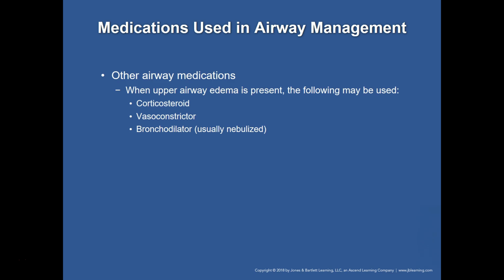The other airway medications, when upper airway edema is present, the following must be used: corticosteroids, vasoconstrictors, bronchodilators, those types of things need to be used when we have upper airway issues, especially when there's edema present. Corticosteroids is one of those things that we commonly use with asthmatics.